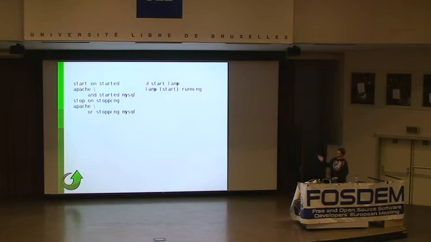So you might define it like this, Apache, MySQL, stops on Apache and MySQL. You'd actually in Upstart 0.5 do start LAMP, and it'll tell you LAMP is now running. But annoyingly, neither Apache nor MySQL actually are running. And this is because the current versions of Upstart are very much event-based by design.